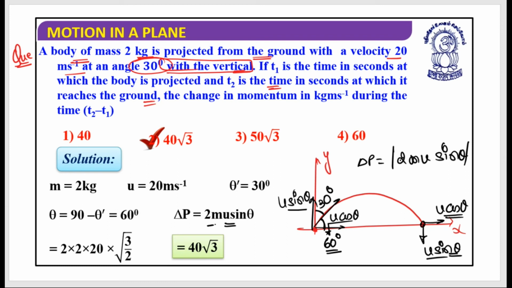It is 2 into m into u into sin theta. Theta would be equal to 60 degree. So this is equal to 2 multiplied by 20 into sin 60, which is root 3 by 2, which should be equal to 40 root 3 kg meter per second.